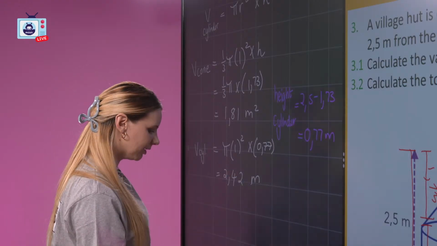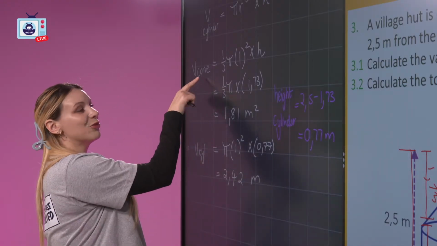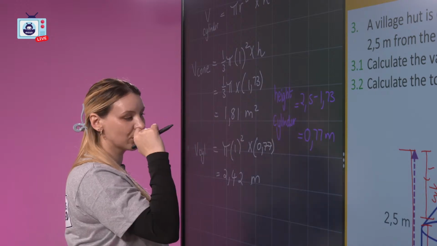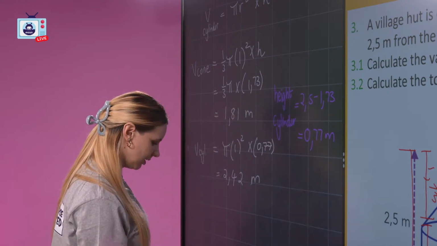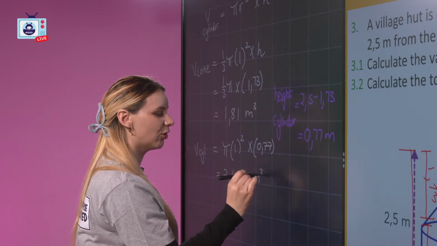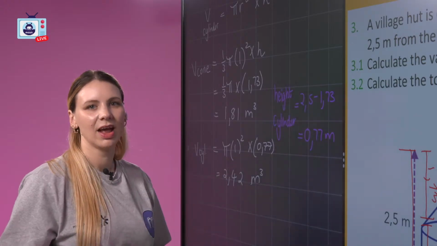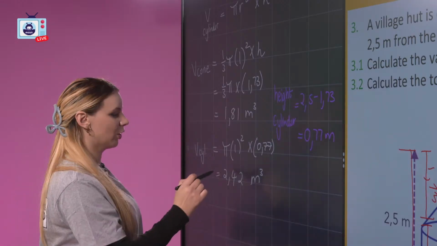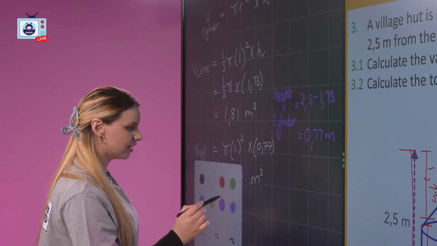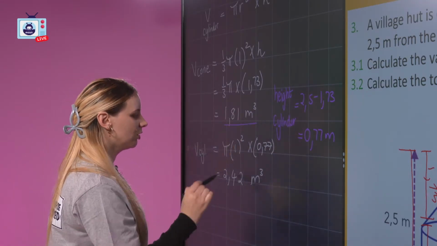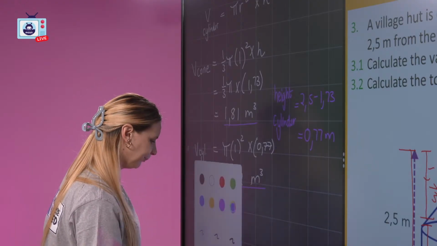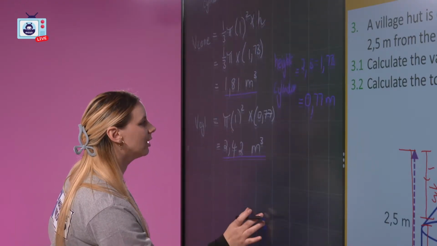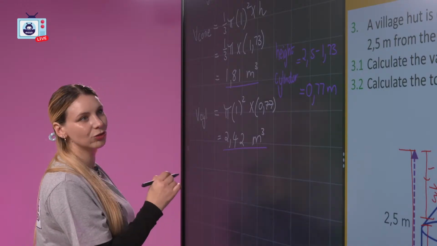Oh, I see I made a small error. When we're dealing with volume, it is not meters squared, it is meters cubed, because volume is the space that the cone takes up. So we're going to add this volume over here to this volume over here, and when we add them, we'll get the total volume of the hut.